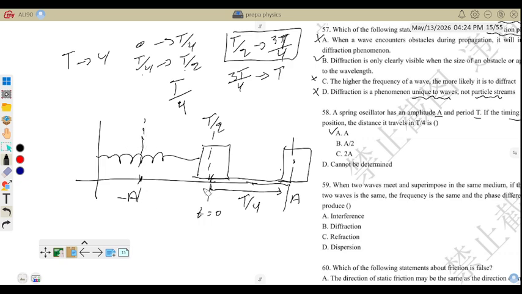That means it's getting back to the amplitude in the negative direction. Finally, at 3T over 4 it is getting back again to the equilibrium position. So in our case, T over 4 would be the time for the oscillator to reach its maximum amplitude.